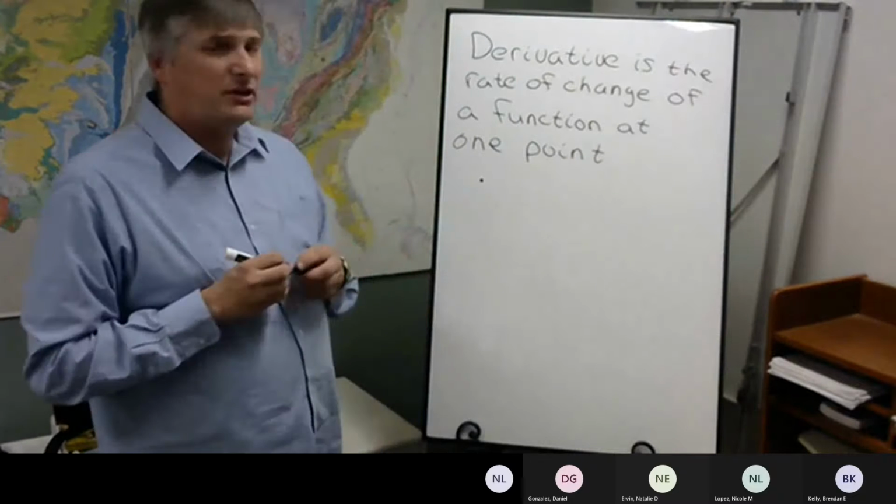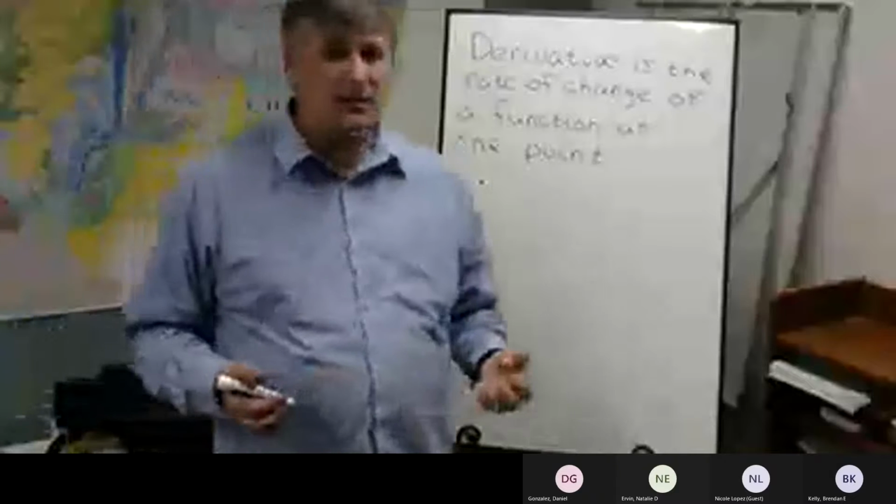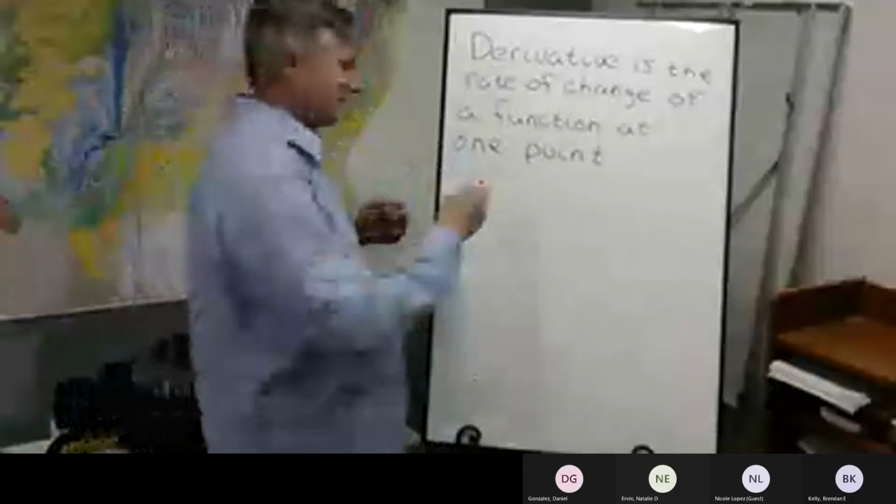So the rate of change of a function at a point. Another way of thinking about this, it's the slope of a function, but at one point.